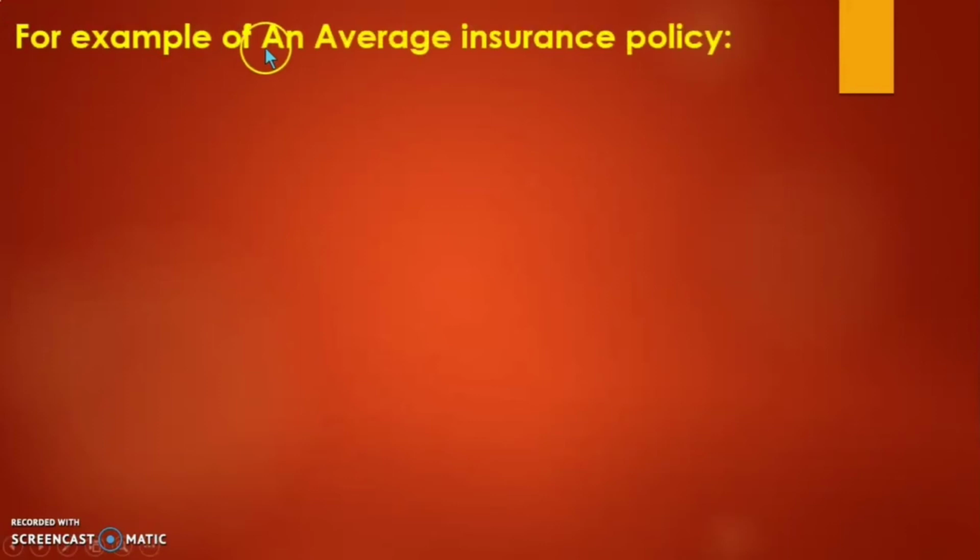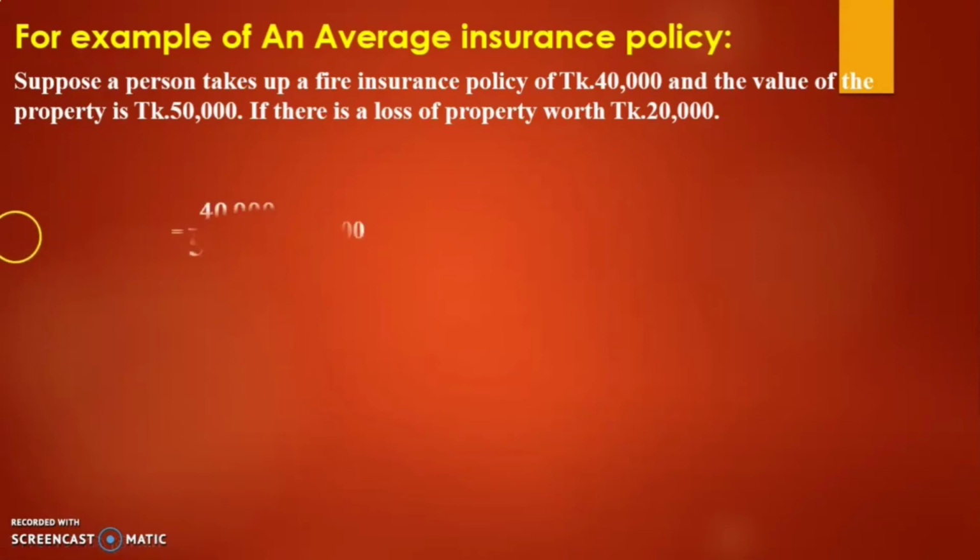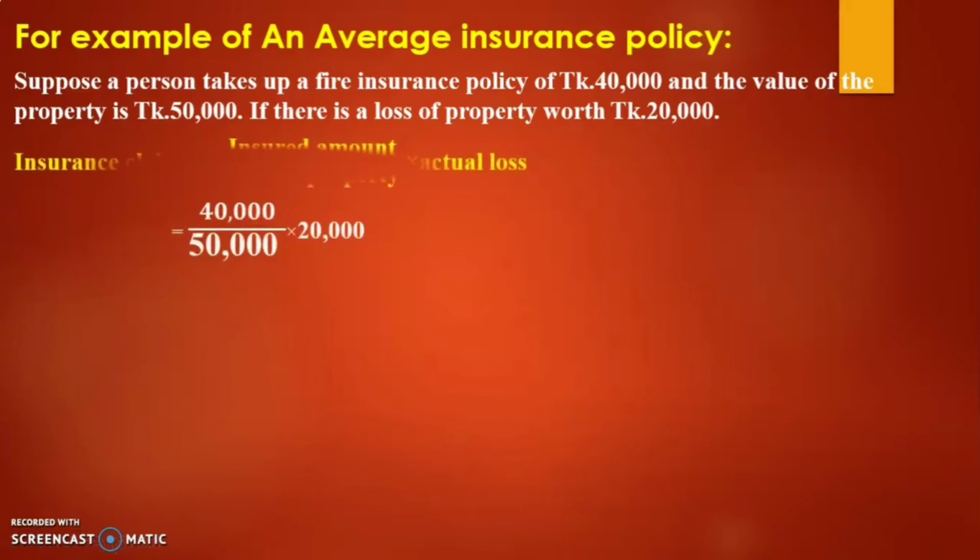For example, of an average insurance policy. Suppose a person takes up a fire insurance policy of taka 40,000 and the value of the property is taka 50,000. If there is a loss of property worth taka 20,000, we determine the amount of claim by this formula.